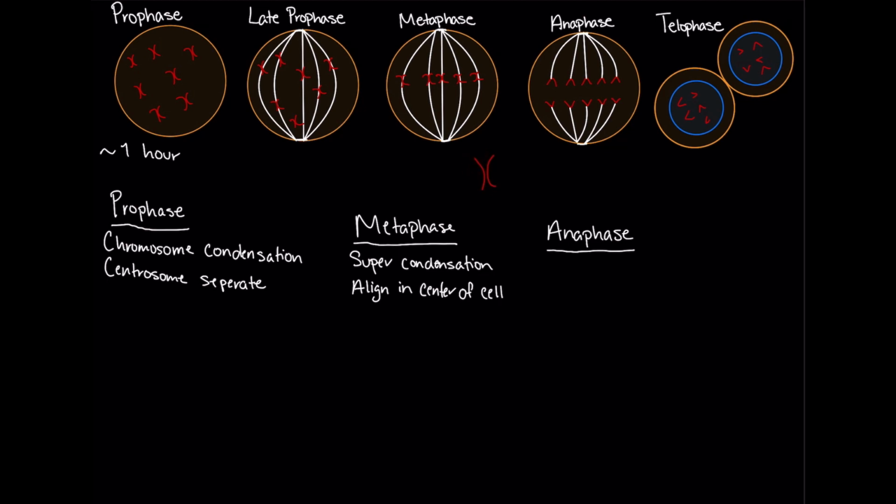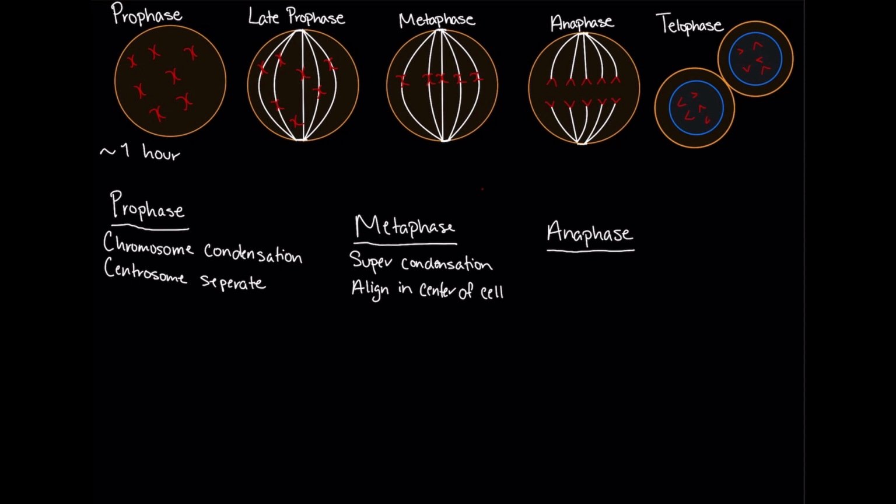So here, each copy is being pulled into different ends or different poles of the cell, so the cell can pinch and divide into two equal cells, or two identical cells, sorry.